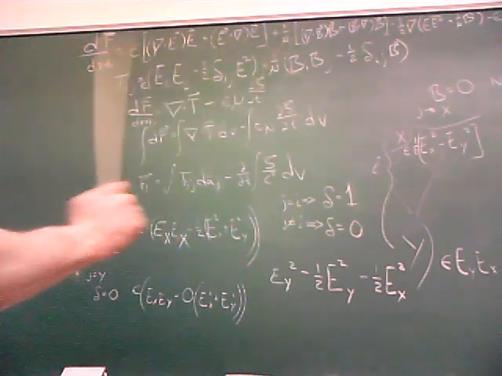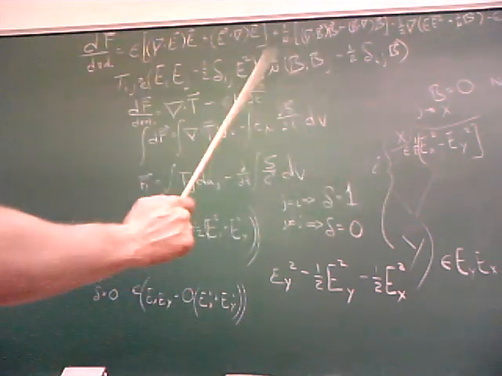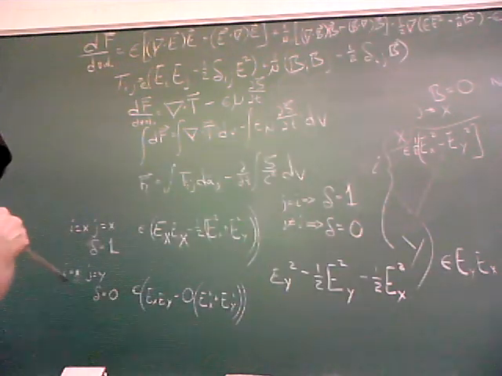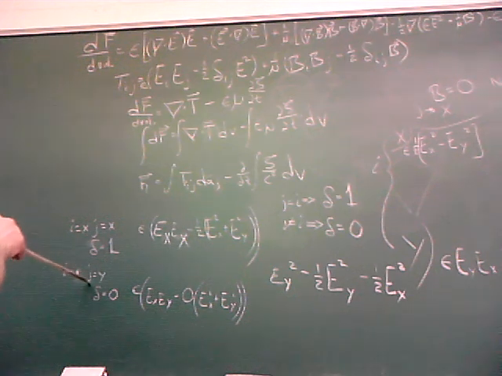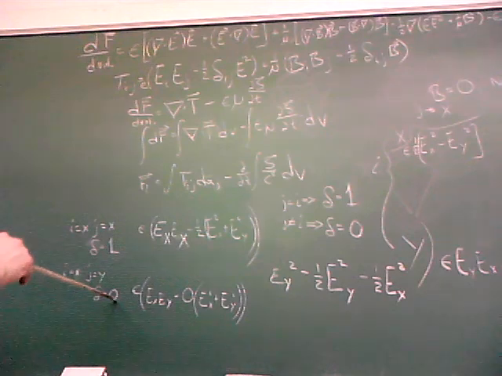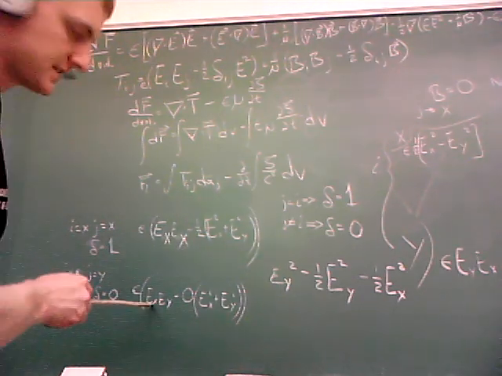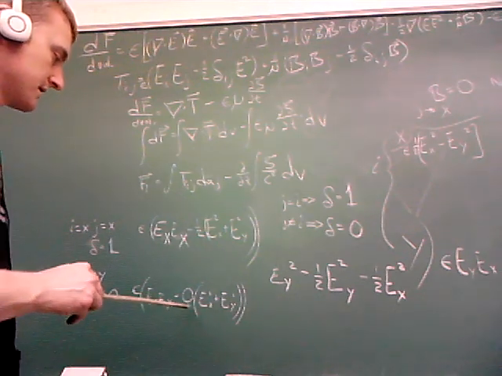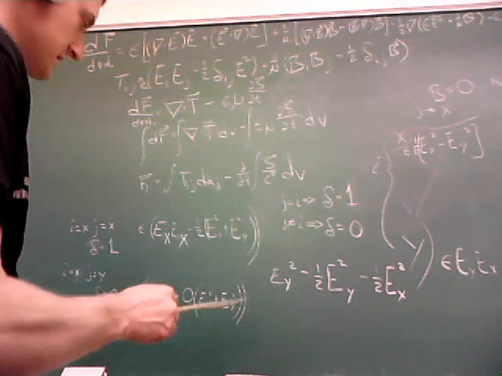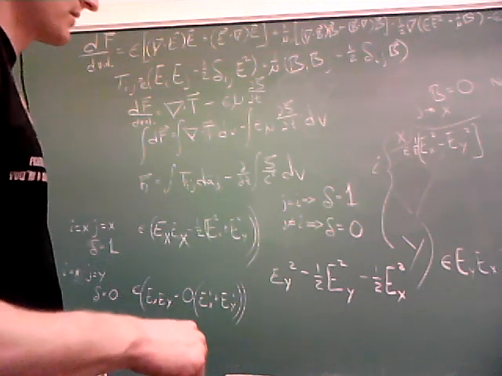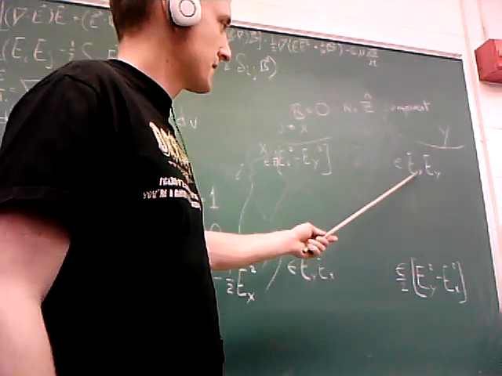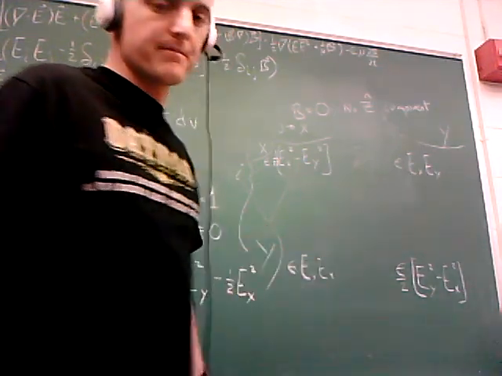Now, row 1, column 2: x and y, i and j are not equal. i is x and j is y, so the Kronecker delta is 0. And we get E sub x times E sub y minus 0. No magnitude is in this. So our answer is simply epsilon times E sub x times E sub y.